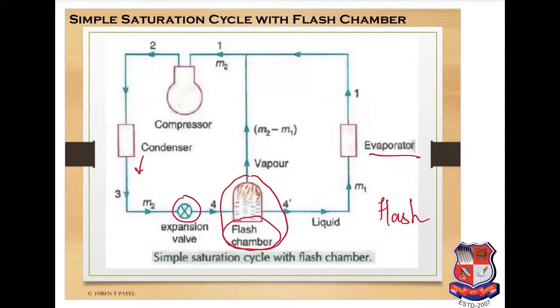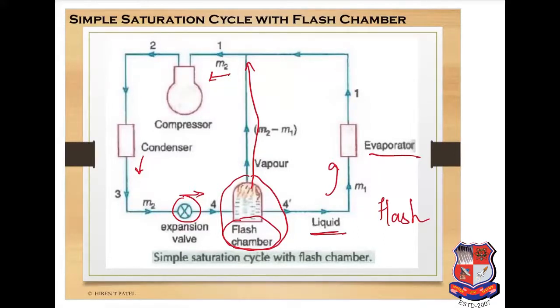The liquid refrigerant coming from the expansion valve that evaporated and converted to flash is directly transferred to the compressor, and only the liquid is transferred to the evaporator. The benefit is that the cooling effect produced inside the evaporator will be higher.